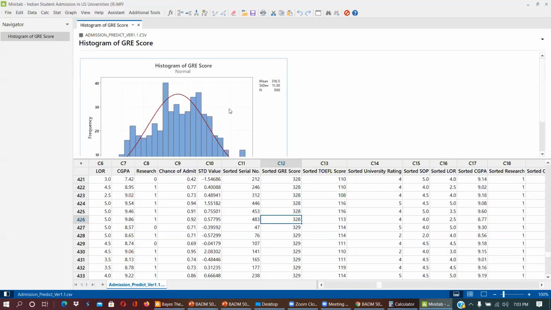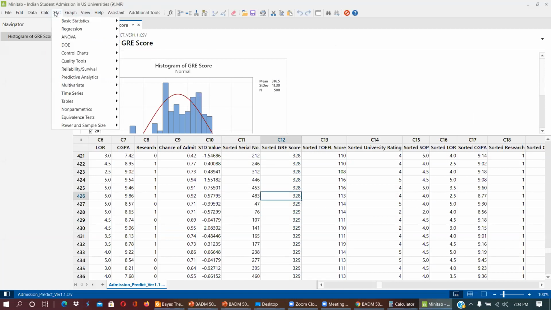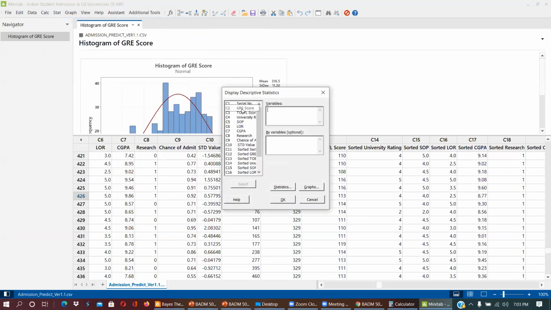Here we go. I think you can see Minitab now. Yes. So remember one thing, where we get all these numbers. Go under Statistics, then Basic Statistics, then Display Descriptive Statistics. Okay, I'm just picking only GRE.